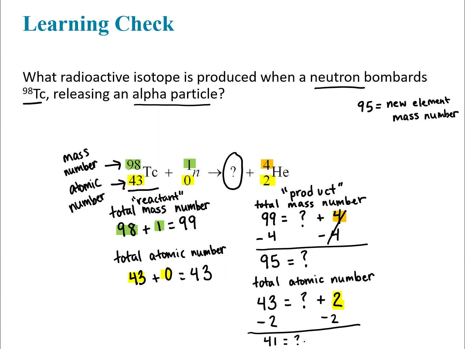That means that our new atomic number for this new element is going to be 41. What element is this?